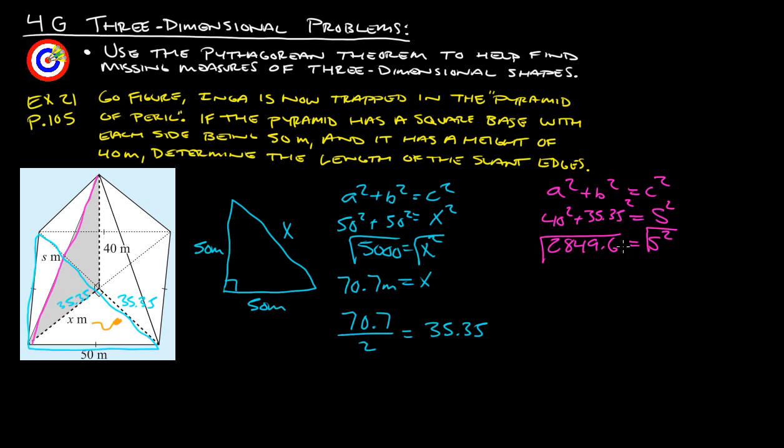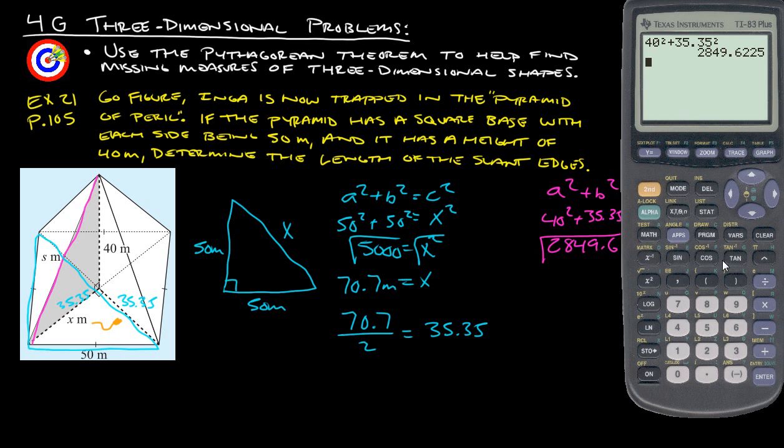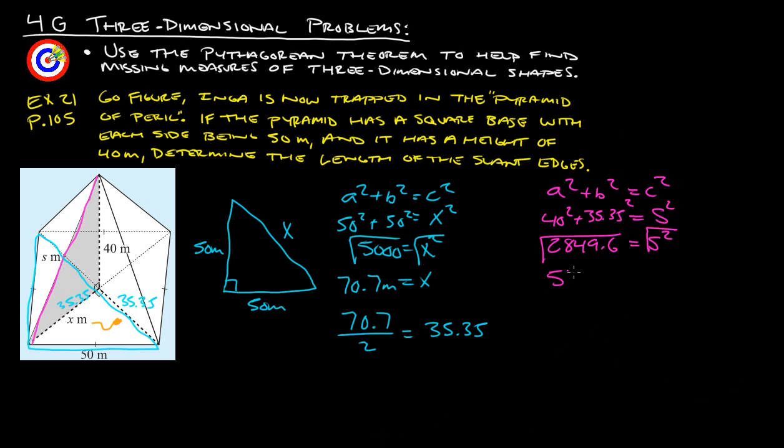So we square root both of those. Take the square root of this answer here, and we get 53.38. And this is all in meters, equals the slant height.